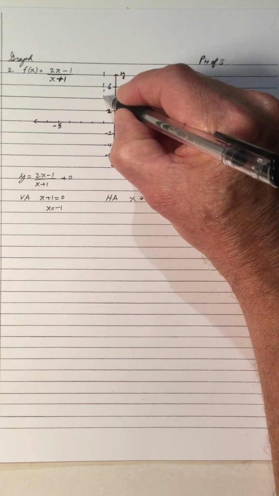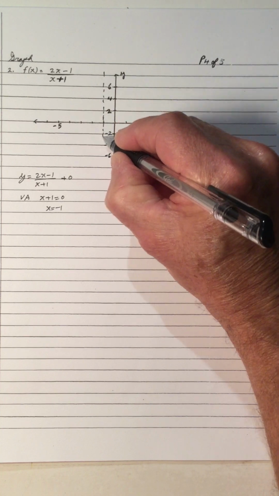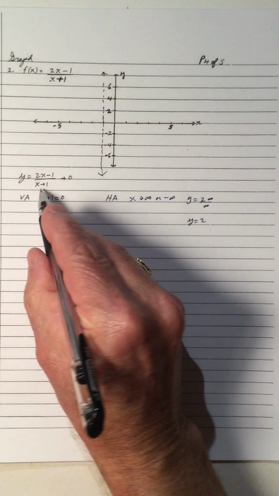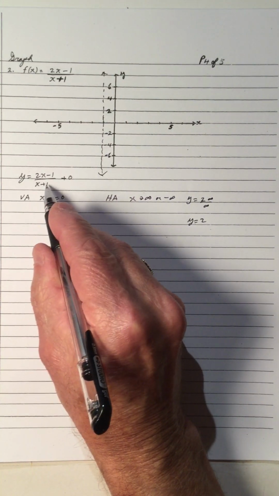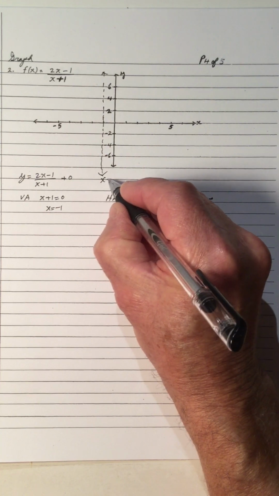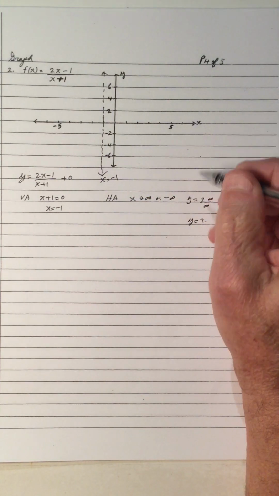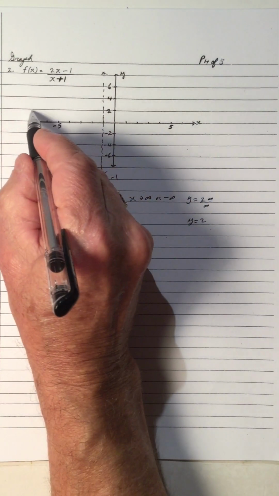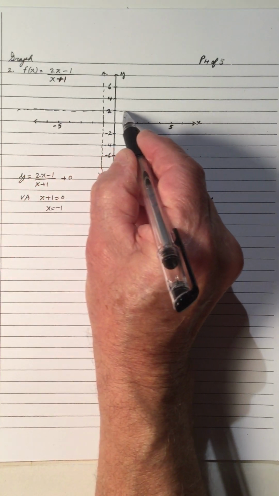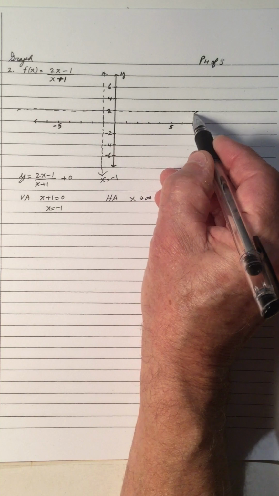So the graph will never cut through a vertical asymptote because the fraction cannot have 0 in the denominator. So x equals negative 1 is the vertical asymptote. Horizontal asymptote is 2. So 2 is here. Horizontal is right here.